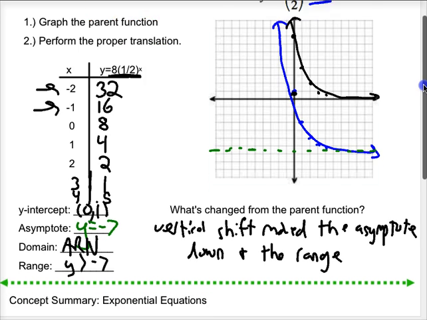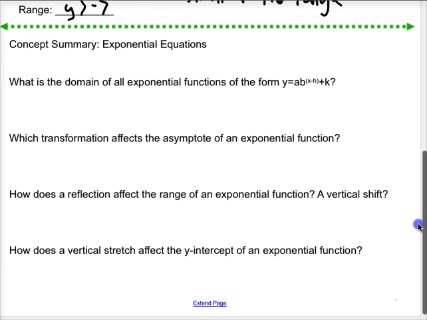All right, so let's look at this. So concept summary of exponential equations. So what is the domain of all exponential functions? So remember this, every single one of them was always all real numbers.